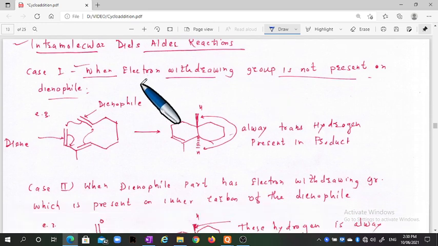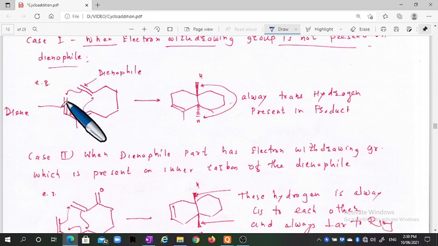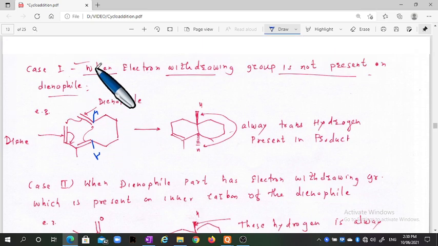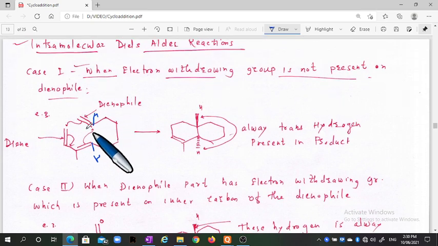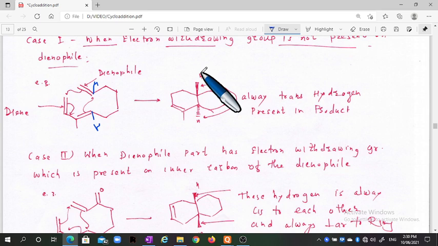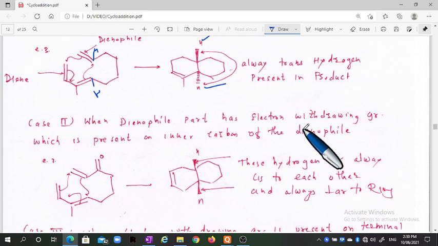Intramolecular Diels-Alder reaction, when an electron withdrawing group is not present on the dienophile. We are interested in the hydrogen and its stereochemistry. If there is no electron withdrawing group present on this dienophile, then these two hydrogens are trans to each other, away from each other.